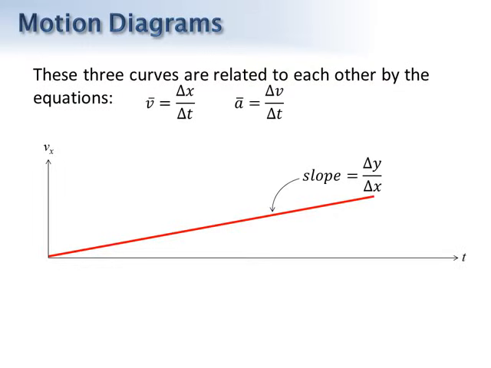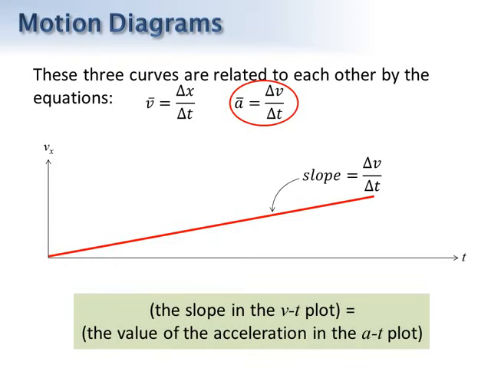So that means that rise over run with a slope is delta v over delta t. Notice that delta v over delta t is not only the slope, but it's also the average acceleration. So based on that relationship, we know that the slope in this plot is equal to the acceleration. We come up with our first rule. The slope in the VT plot is equal to the value of the acceleration in the acceleration plot.